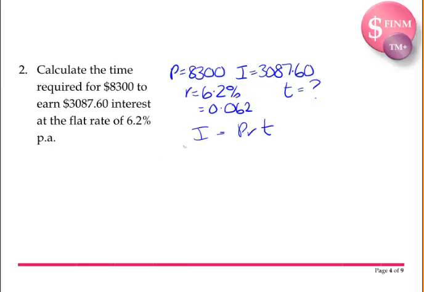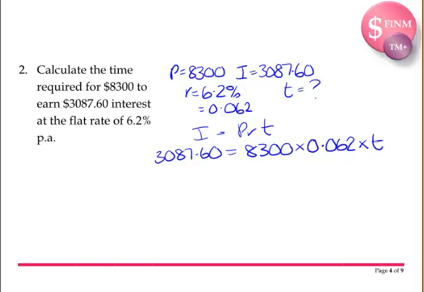Plug in what we've got. So we've got 3,087.60 equals P, 8,300, times by my rate, 0.062, times by my time. So 8,300 times 0.062 gives me $514.6.